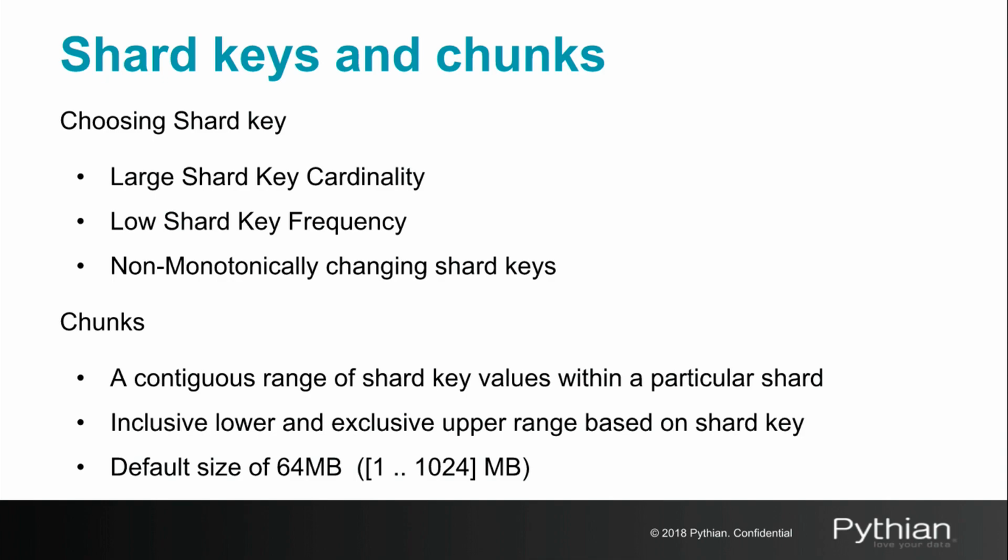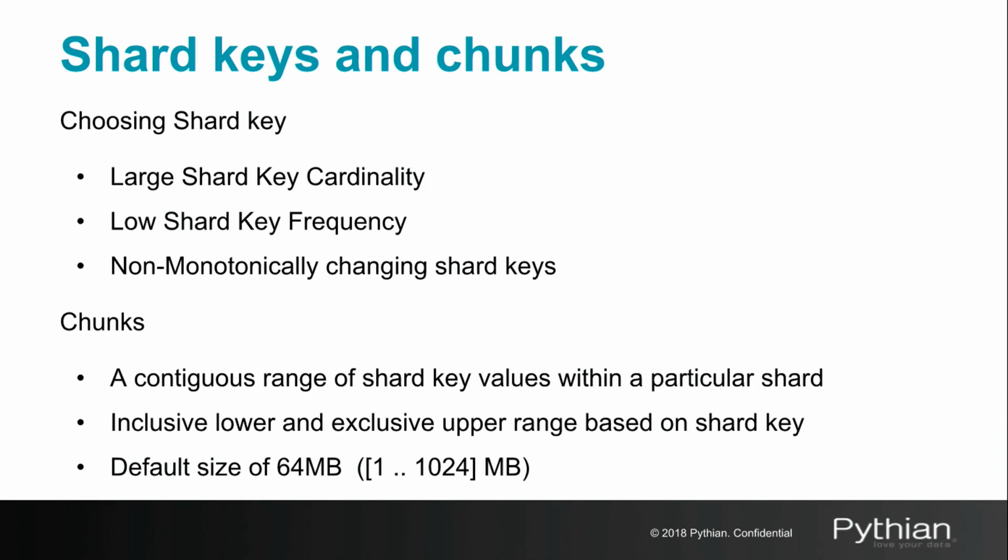The chunks represent a continuous range of shard key values within a particular shard, and the chunks have an inclusive lower and exclusive upper range based on the shard key. By default, with MongoDB, the chunk size is 64 megabytes, but you can change the chunk value between 1 megabyte and 1 gigabyte.